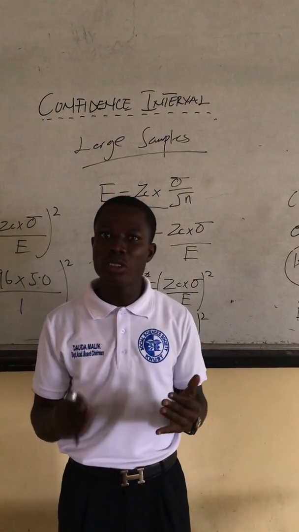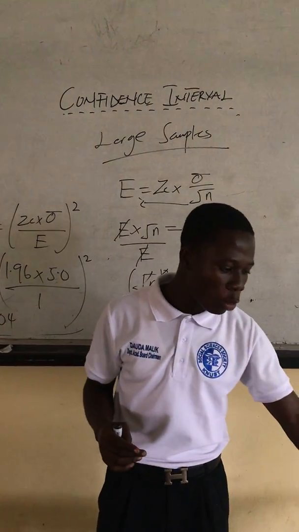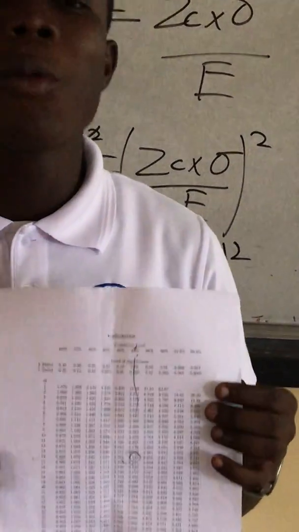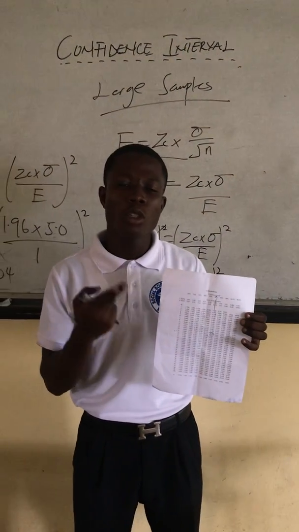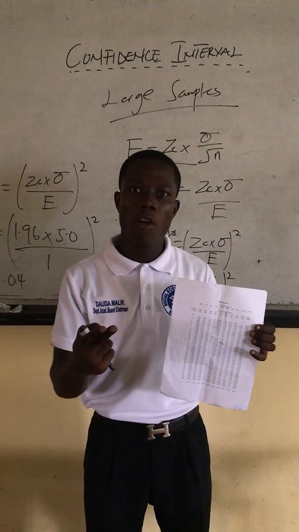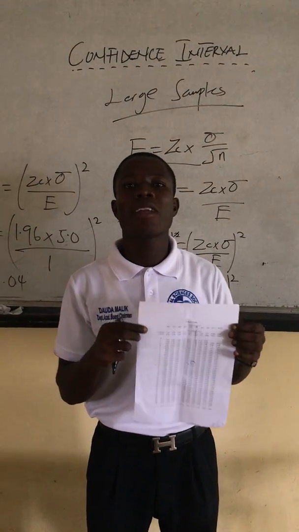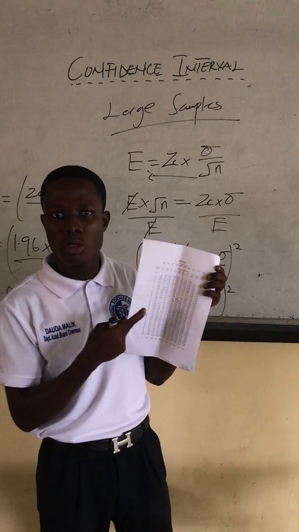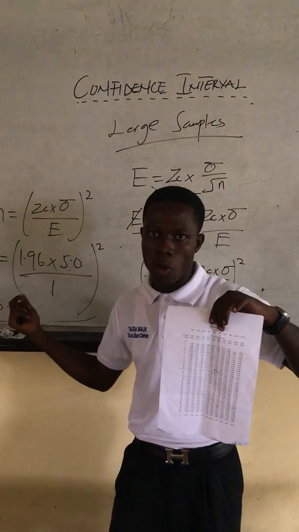That's the T distribution, and with the T distribution, you have to have your T table, where we have the degrees of freedom. To get your degrees of freedom, you subtract 1 from your sample size. Then with its corresponding confidence level given in the question, you find them on the table to get your critical value. Then you put them into the formula to get your margin of error.